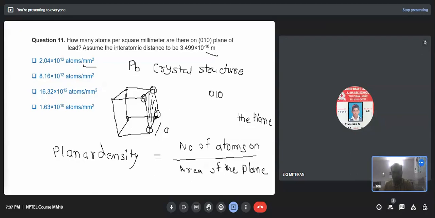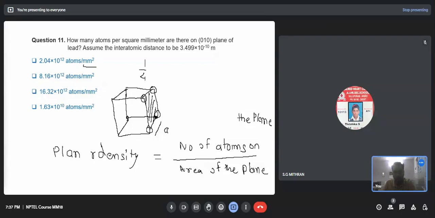Okay. So for that, first we'll calculate the number of atoms on the plane. Here you can see 4 atoms are here, but the contribution will be 1 by 4 for each atom.